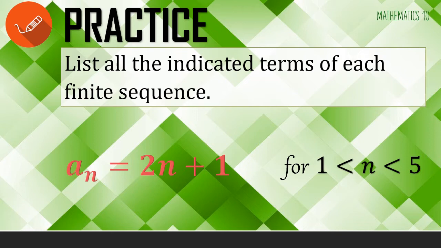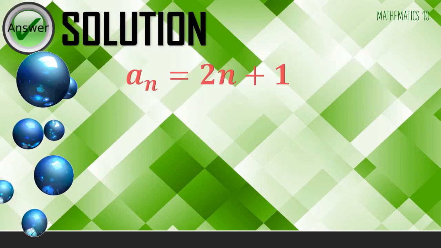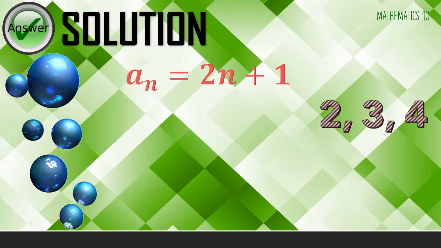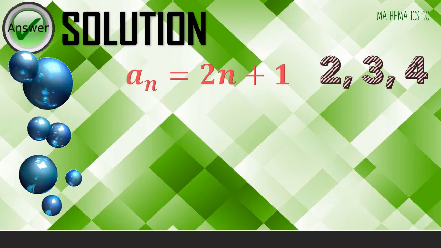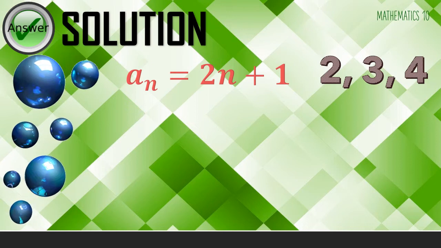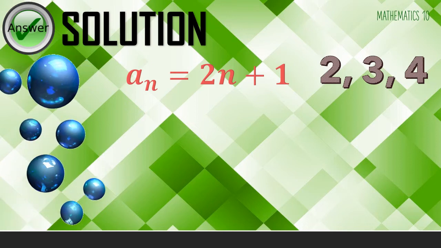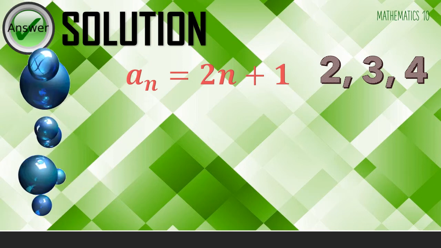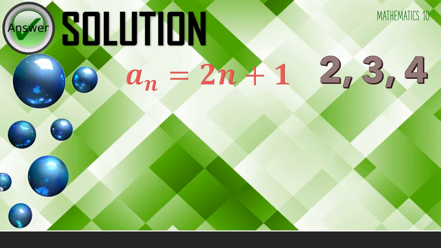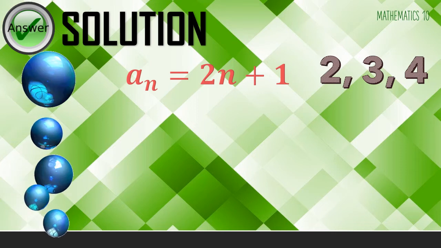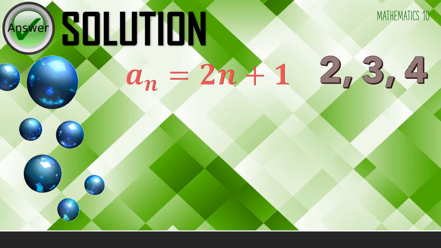Okay, so now let's have here 2n plus 1. According to the scenario given in the problem a while ago, n must be greater than 1 but less than 5. So the possible values of n would be 2, 3, and 4.